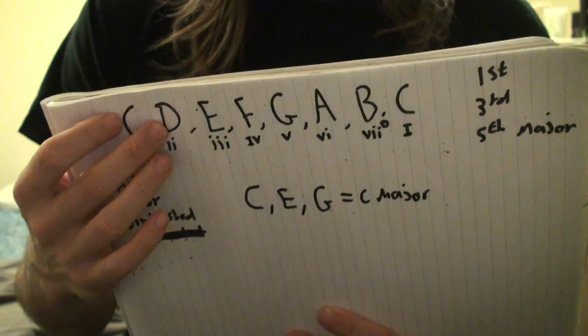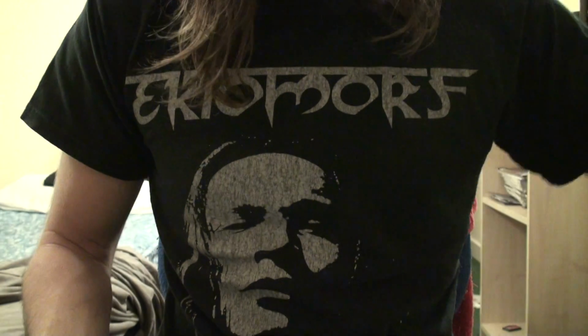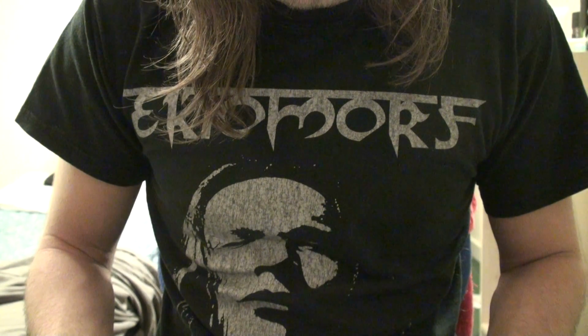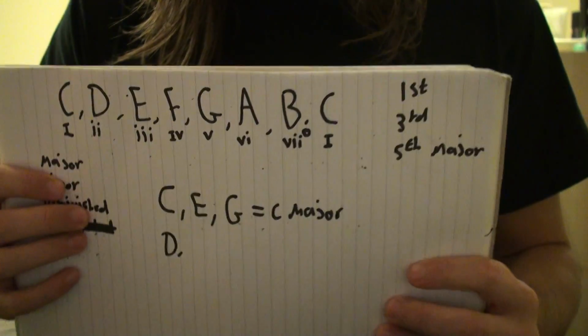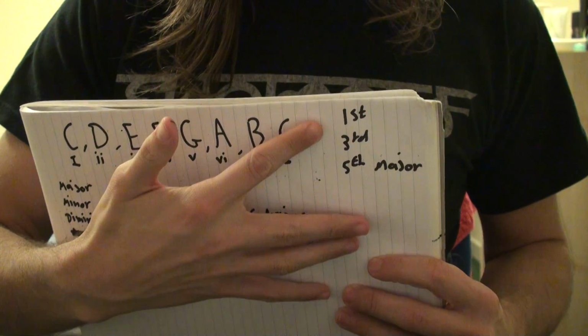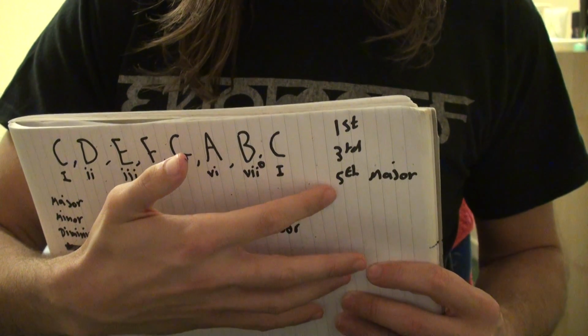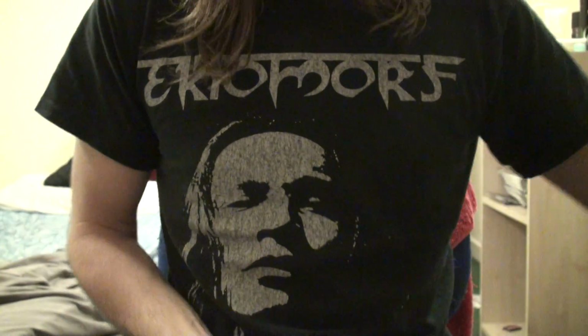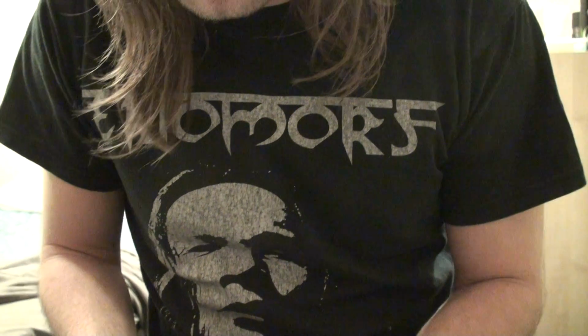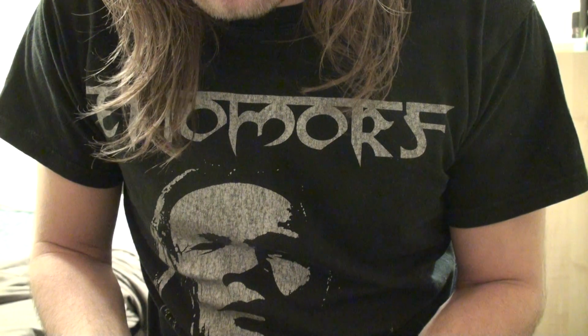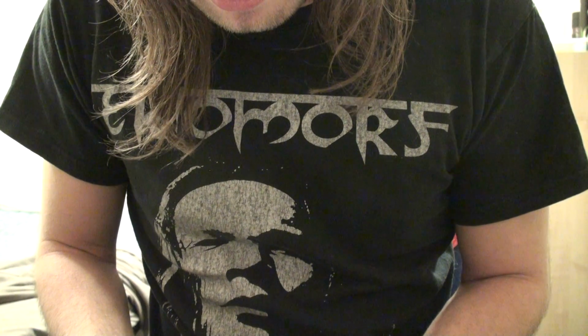Now let's move on to our next note. We have the D. Now, a minor chord, instead of being made up of the first, third, and fifth interval, is made up of the first, flat third, and fifth interval.